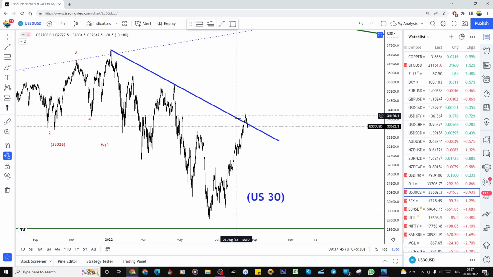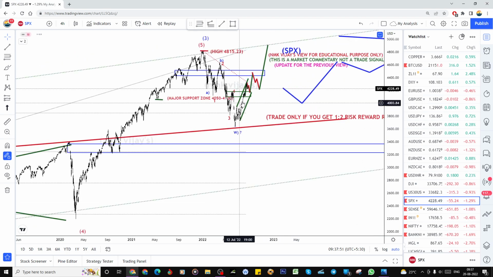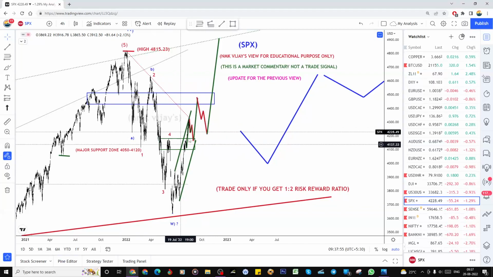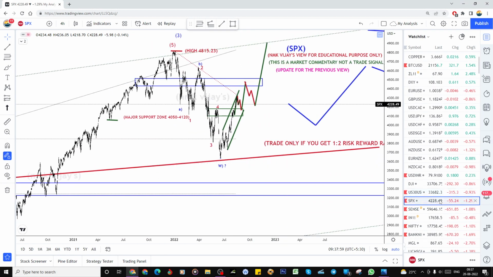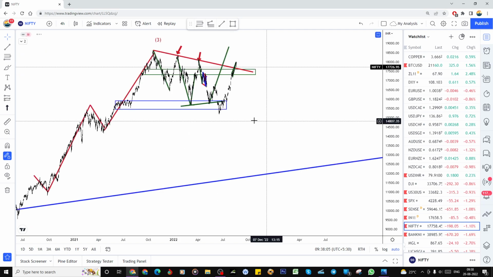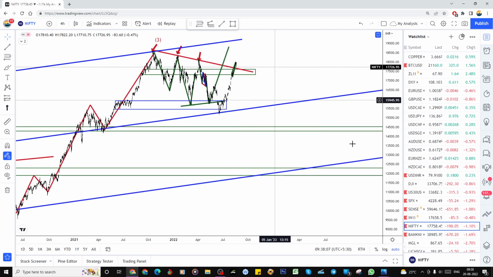Now it has already broken the previous trend line, but in S&P 500 it is not yet. Look at this. I keep on watching everything we have to do. So here it's already broken and again it came down. In Nifty also, here it's already broken, it came down.